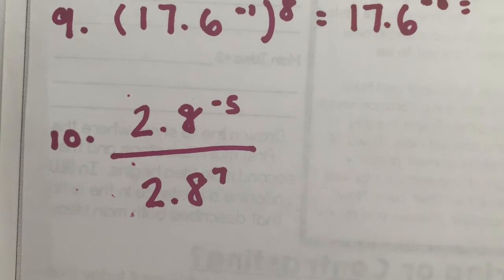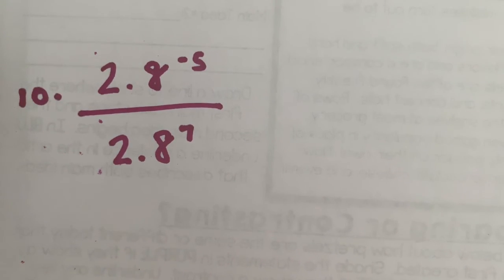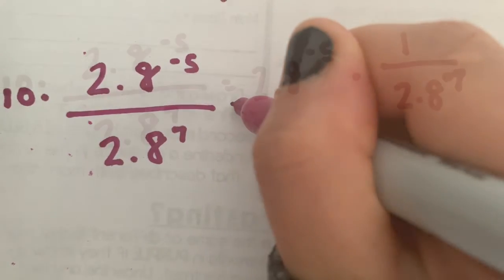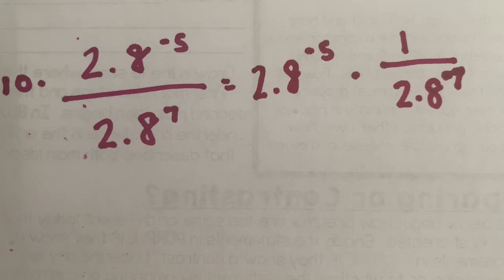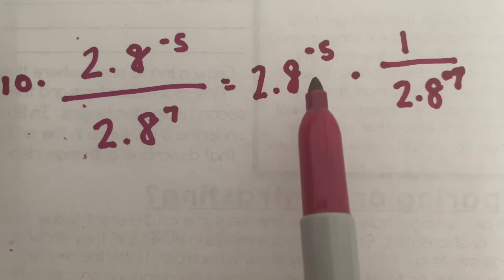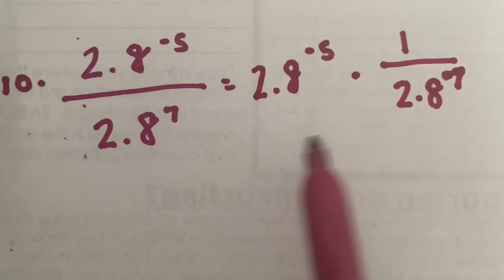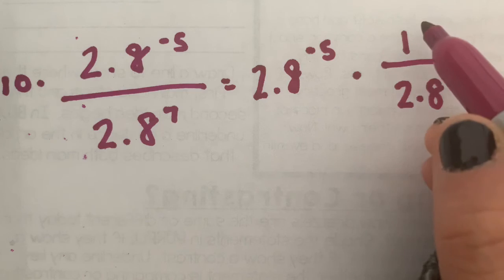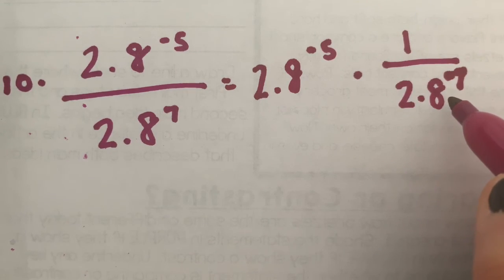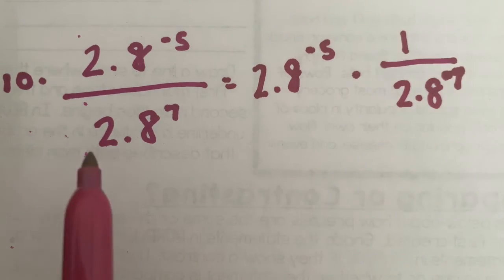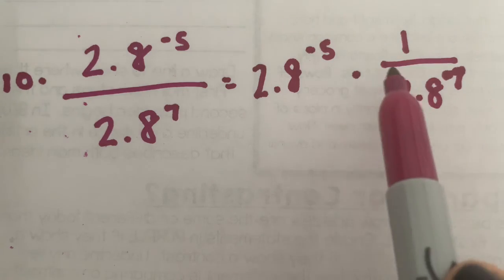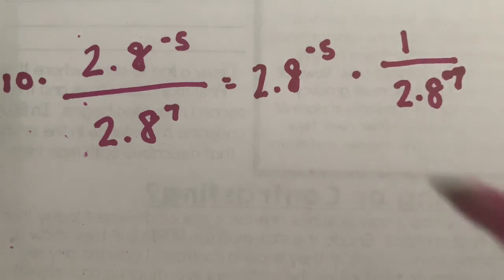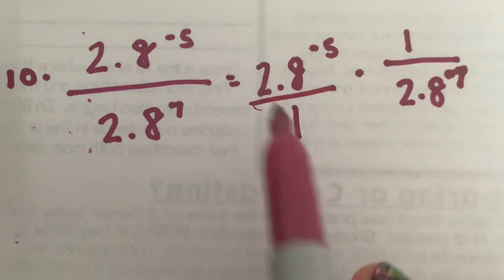Let's do this one. This one's a little bit trickier. When you write this out in a different way, you can put 2.8 to the -5 because that's the numerator, times 1 over 2.8 to the 7th power, because this is the denominator. You have to put it over 1. If you multiplied across, you know this is correct.